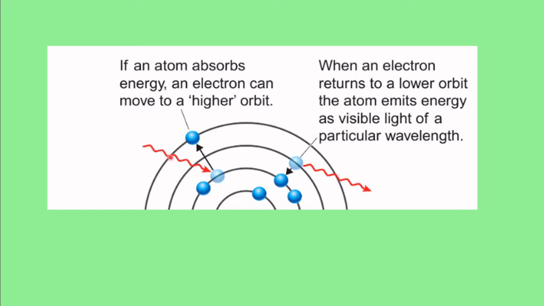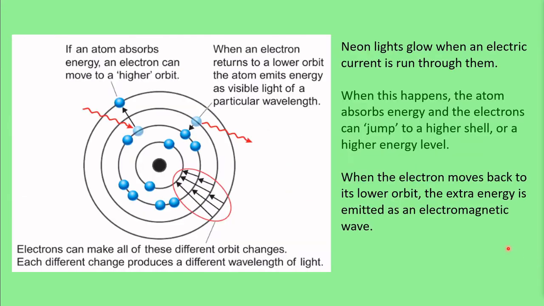So EM radiation comes in, or electricity comes in, causing this electron to jump up to a higher energy level, and then when it drops back down, it releases that energy again in the form of an EM wave at one particular wavelength. Now, when you pass electricity through things like neon lights, they glow. What's happening there is the electricity is causing these electrons to jump to a higher energy level, and when they fall back down, they emit light, as we've just seen.